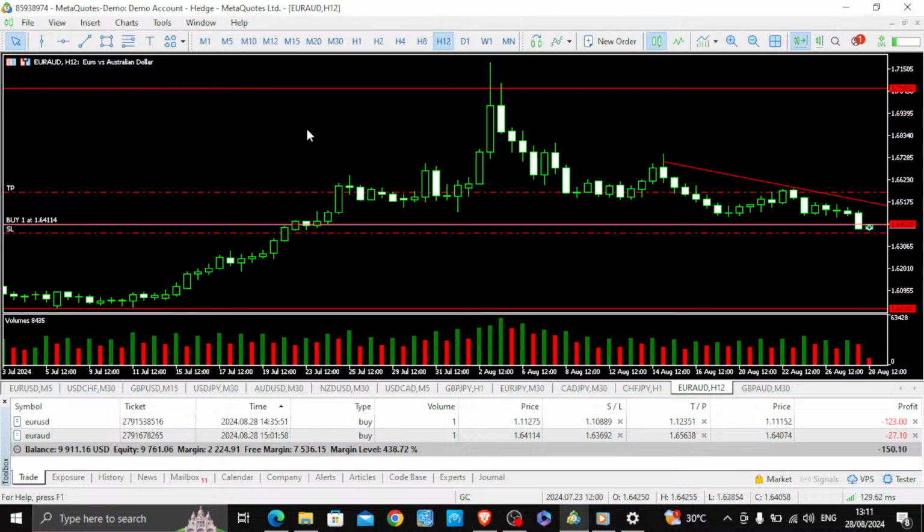Just for maybe the next 1 hour, 2 hours, 3 hours, 4 hours, I can go back and see how to manage it. If it goes in my favor, I can adjust my stop loss and so on. It's not a must that we allow our stop loss to hit. If we check that, based on our analysis, the market has turned against us, instead of waiting for the stop loss to hit, you can close it manually and save some dollars.